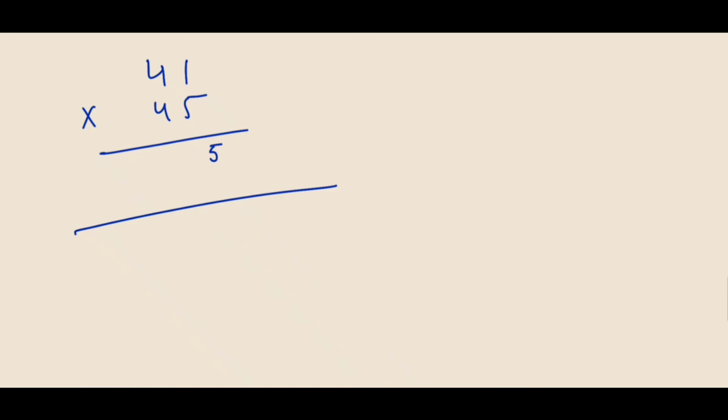Take one more example. Let's multiply 41 with 45. So the first step is 5 multiplied by 1 will get 5. And the next step is we have to multiply this 5 with 4 to get 20, and this 4 with 1 to get 4, so this is equal to 24.